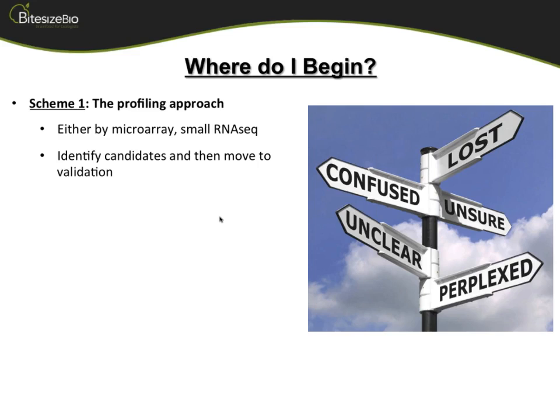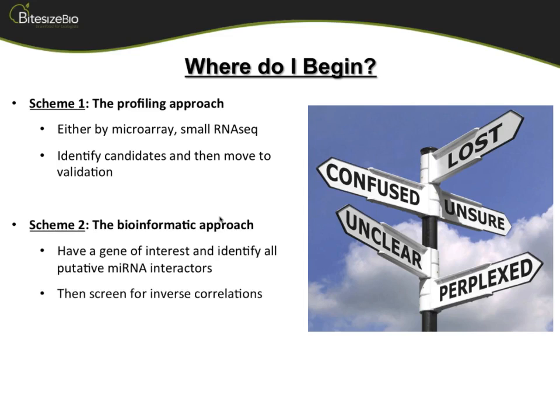And then you do this maybe normal versus tumor, or some disease state versus normal, or you treated cells with a drug, and you have a vehicle control, whatever it may be. You do the profiling, you find a bunch of microRNAs that change upon your treatment, and then you have to do the hard task of identifying and validating your candidates, and then move on to some functional experiments.